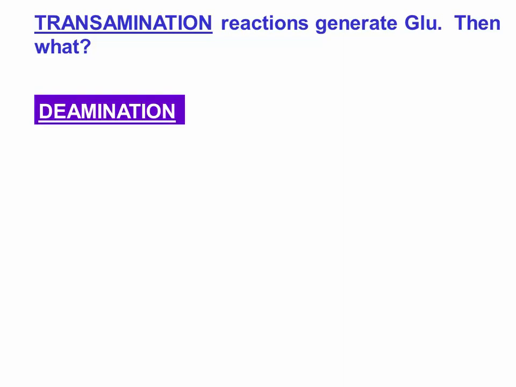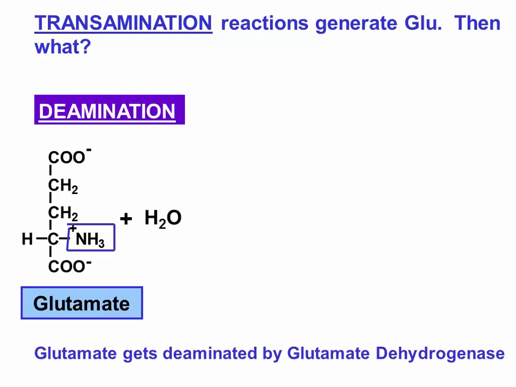All right. Now, let's go back. So transamination reactions, again, in the fed state, are going to be generating glutamate, pushing the reaction in the direction of glutamate. Then what, right? Why is that so important? In the fed state, you're making glutamate, and the next thing that happens is that glutamate is going to get deaminated. So it's a transamination reaction that makes glutamate, with AST and ALT leading the pack, but there are other ones.